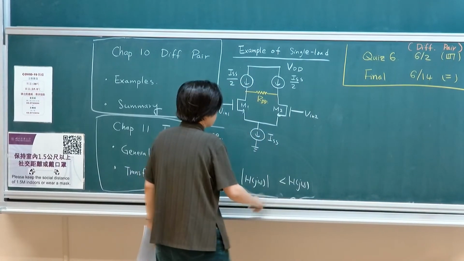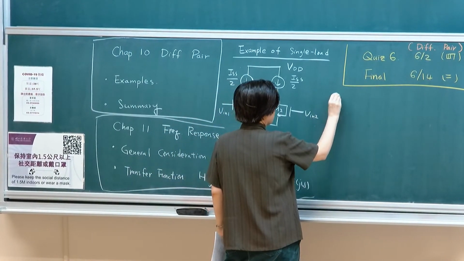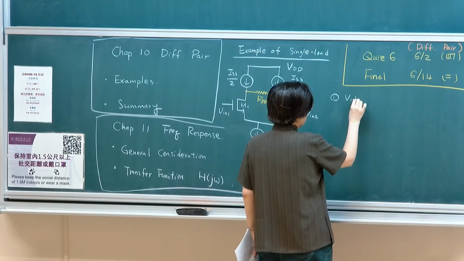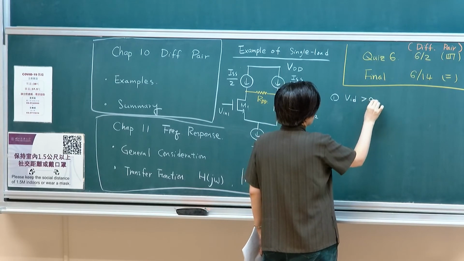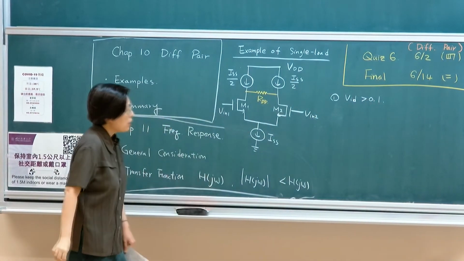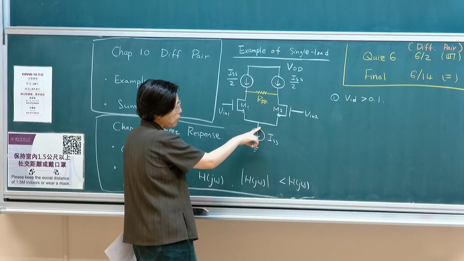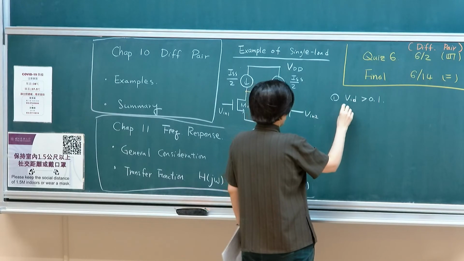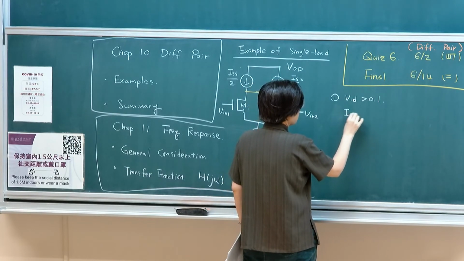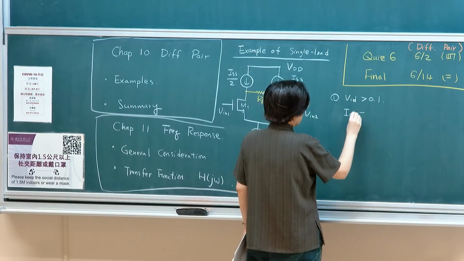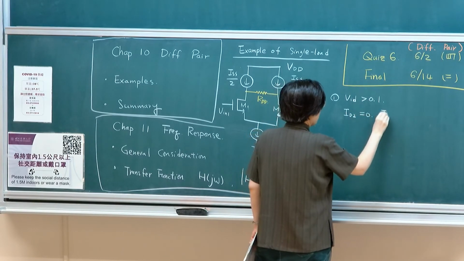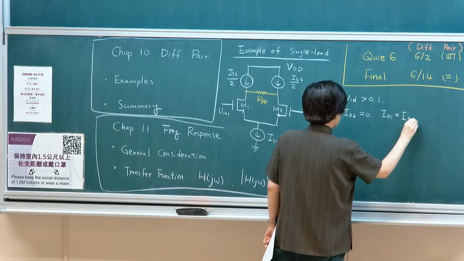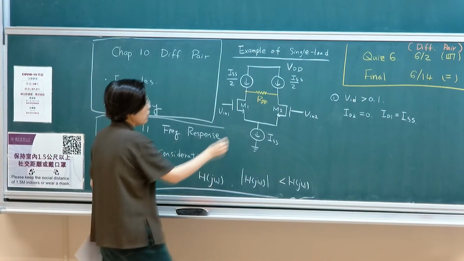Let me write down two conditions. One is when Vin, this is still a differential pair, so when VID is larger than 0.1 volt, you suppose all the current goes in this direction, so that ID2 equals 0 and ID1 equals ISS.